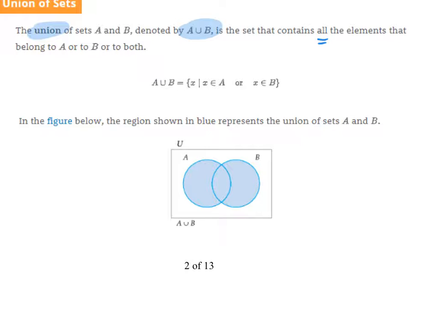Now I want to kind of exaggerate this a little bit. I'm going to go ahead and number these regions. I'm going to call this regions 1, 2, and 3, and let me exaggerate it even further with color so you know what I'm talking about. So region 1, I'm shading in red. These are the things which are inside of A, but liked only by A. So let's say that again.